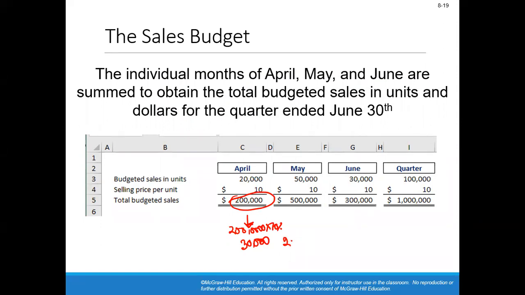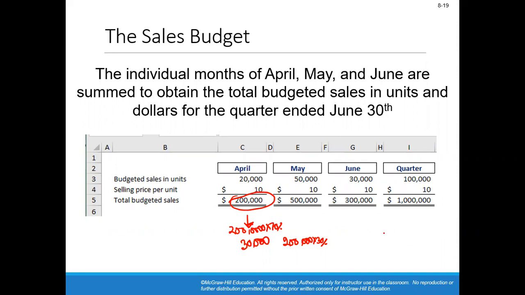So 200,000 multiplied by 30%. Note that this 200,000 is the sales amount of which month? April, not May. Now, can you complete for May, for June, and for the quarter in this way?